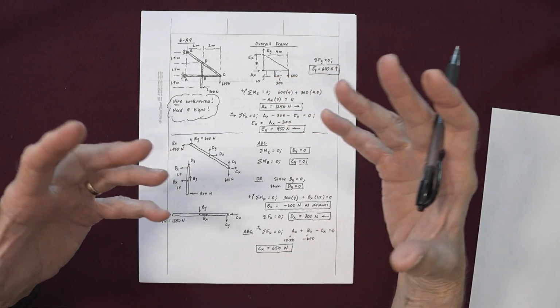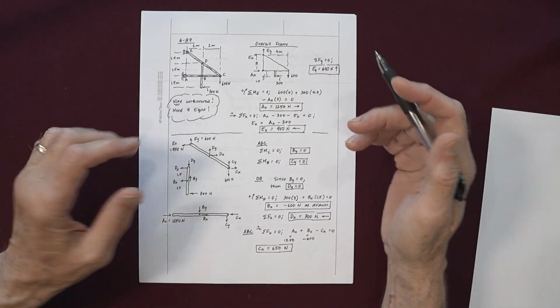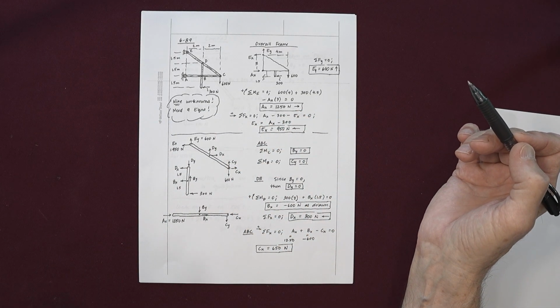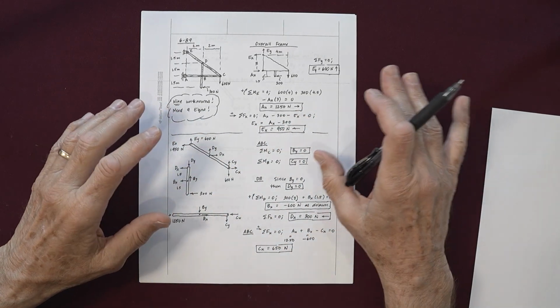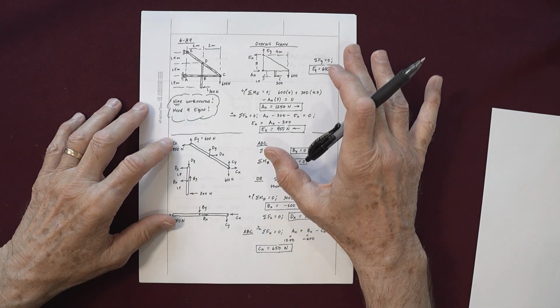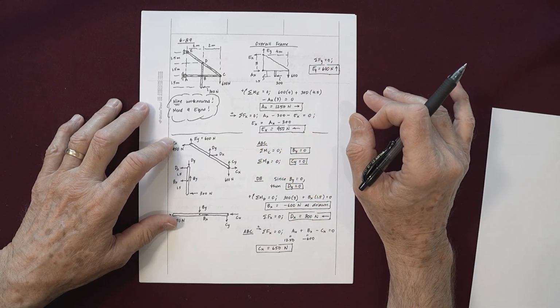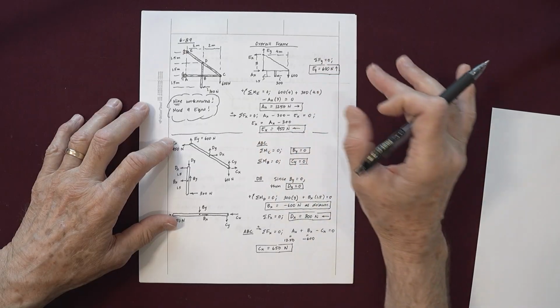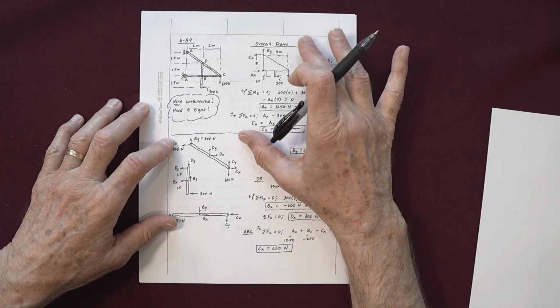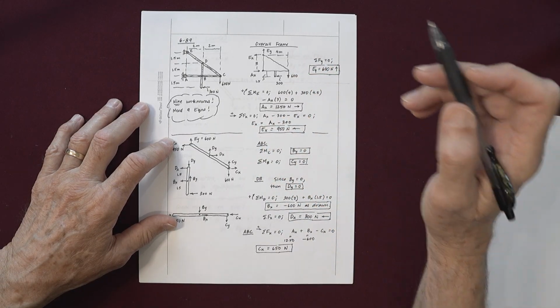So somehow I'm going to have to write a total of 9 equations to get these 9 unknowns. Often, a very useful first step is to deal with the overall frame first. And often that will unlock the rest of the problem. So let's deal with the overall frame first.